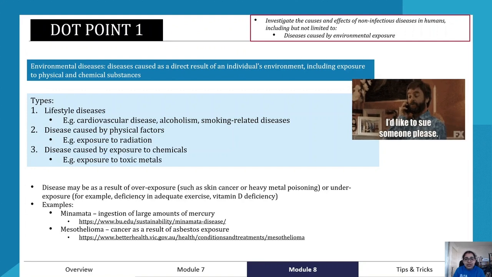They include cardiovascular disease, alcoholism, smoke-related diseases. Diseases that are caused by physical factors include exposure to radiation, for example, and diseases caused by exposure to chemicals, whether that may be through work or in the general environment, and they can include exposure to toxic metals as well.